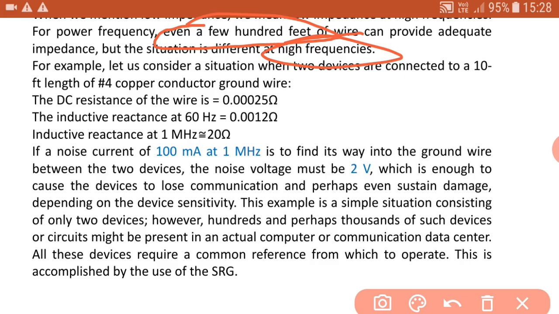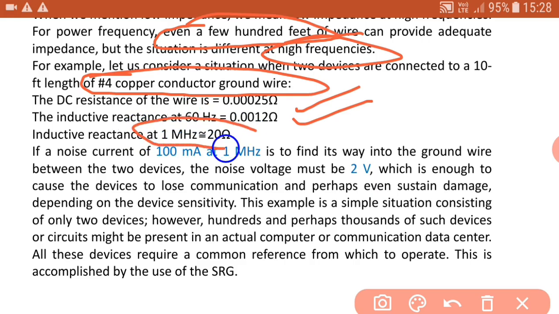For example, let us consider a situation when two devices are connected to a 10 feet length 4 gauge copper conductor ground wire. The DC resistance of the wire is 0.00025 ohm. The inductive reactance at 60 Hz is 0.0012 ohm. Inductive reactance at 1 MHz is approximately equal to 20 ohms.